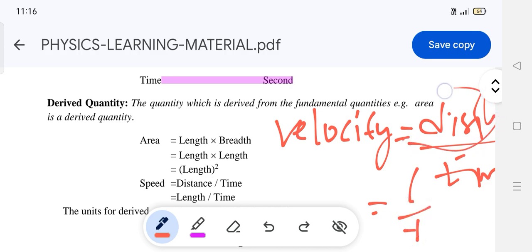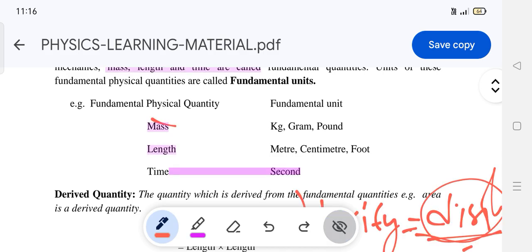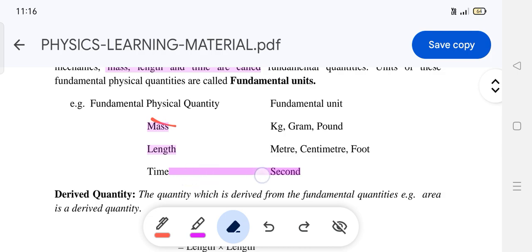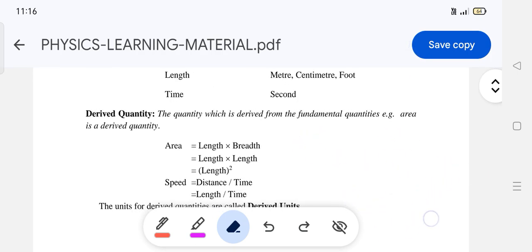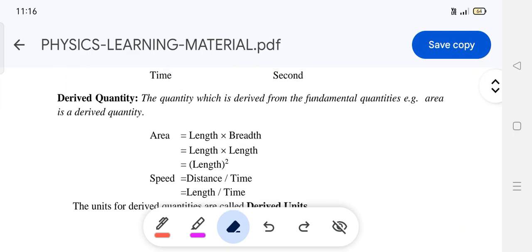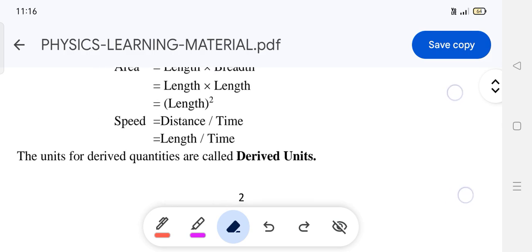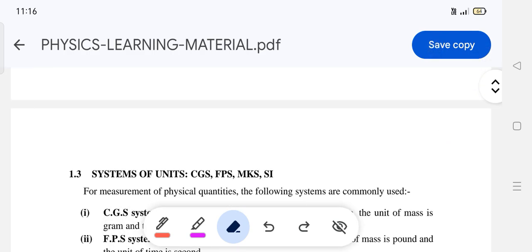Length and time, as I told previously, are fundamental physical quantities. So the quantities which are derived from the fundamental physical quantities are known as derived physical quantities. I hope you understood. The units used for these quantities are known as derived units.